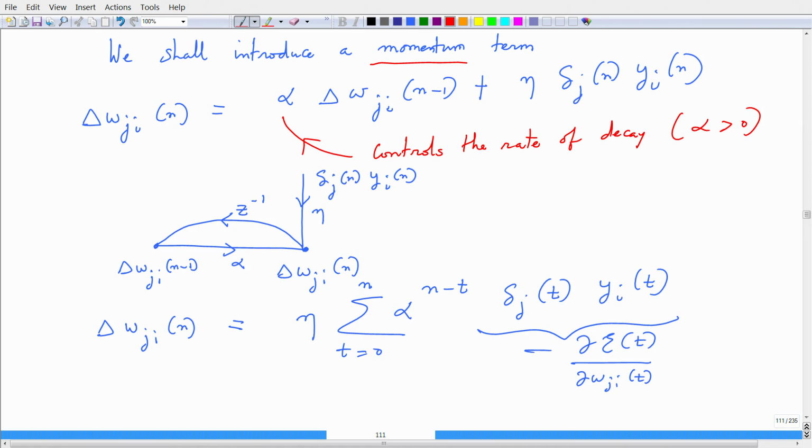delta wji of n is alpha times delta wji of n minus 1. Just think about the connections with the time steps. The delta synaptic adaptation at time instant n is alpha times the delta synaptic weight at n minus 1 plus eta times your local gradient times the input.